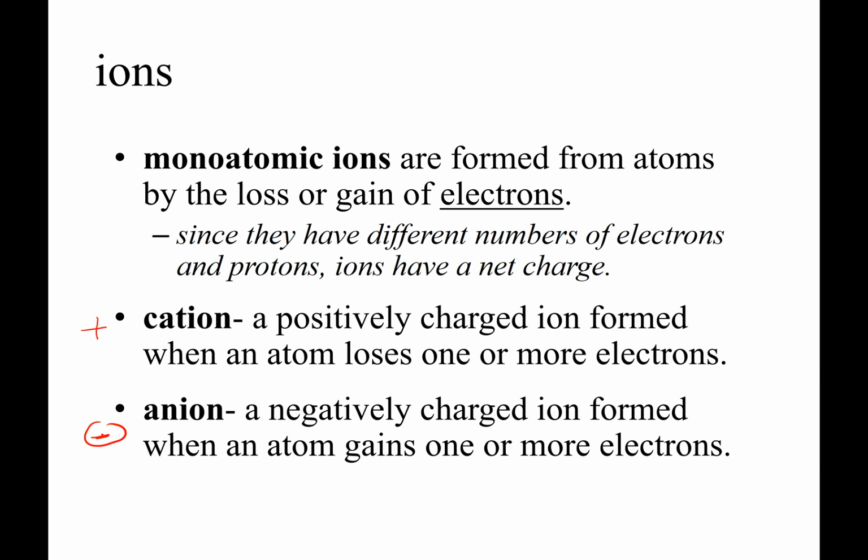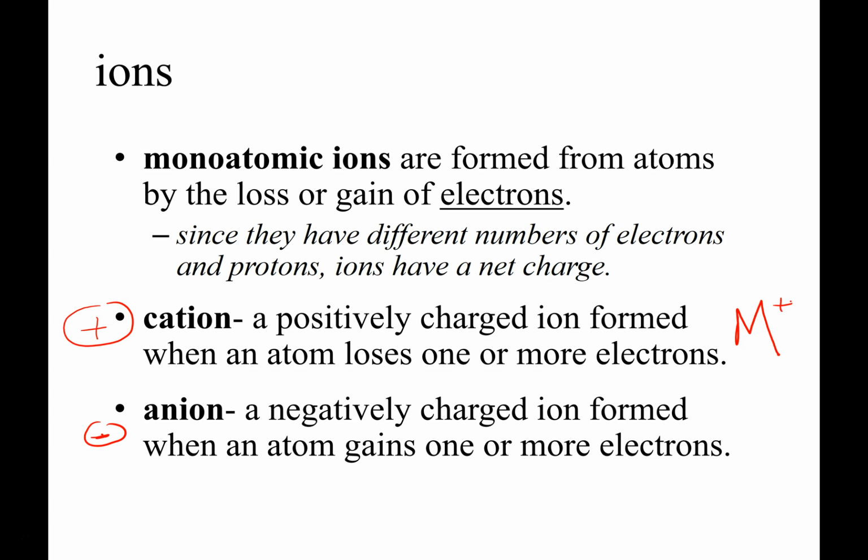I'll go ahead and tell you the way this works. If you see M, I mean metals. Metals tend to form cations. Metals tend to lose some electrons. So what do you think nonmetals form? Anions.